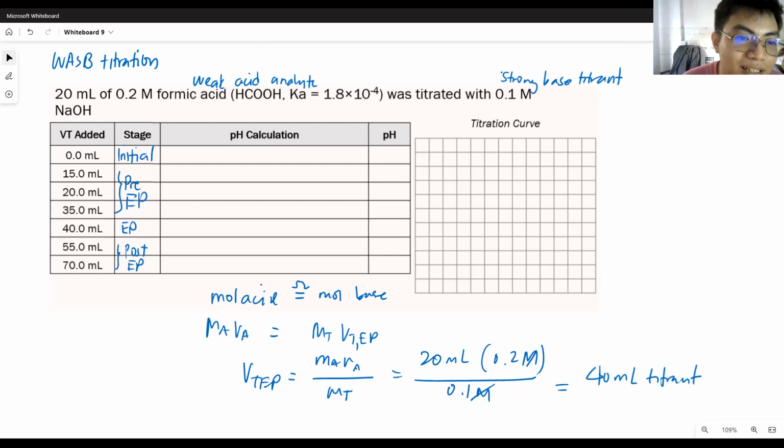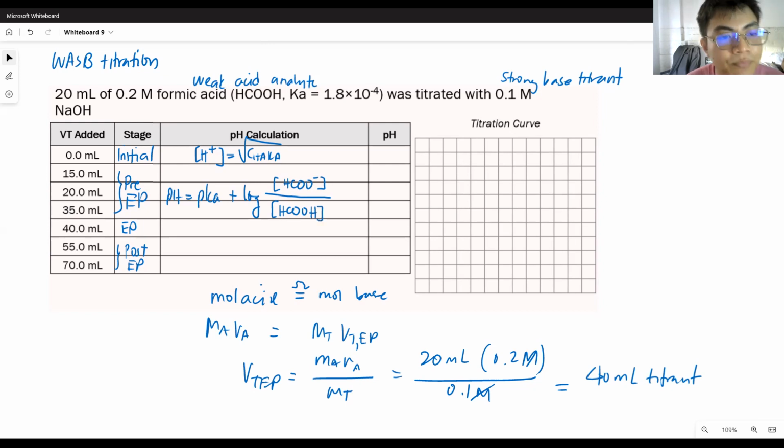So for the initial, square root of Ka times C, yan. The pre-equivalence point, you have the buffer. Okay, so pH equals pKa plus log concentration of the conjugate base. Let's write it as HCOO minus over the acid, HCOOH.